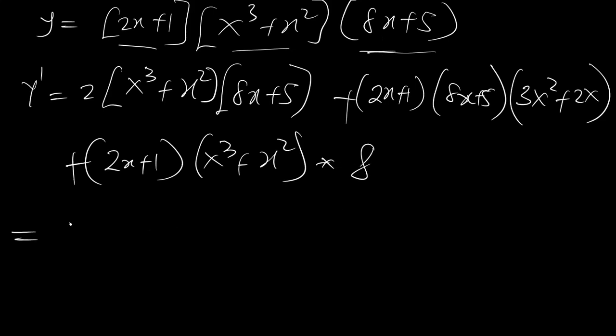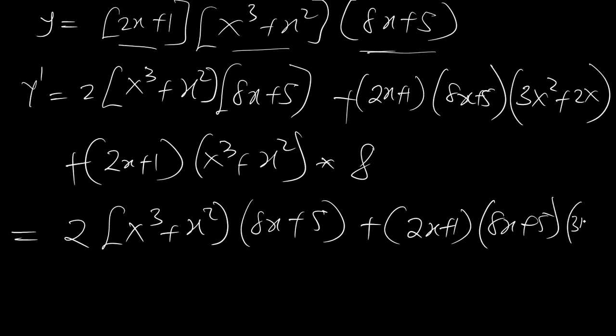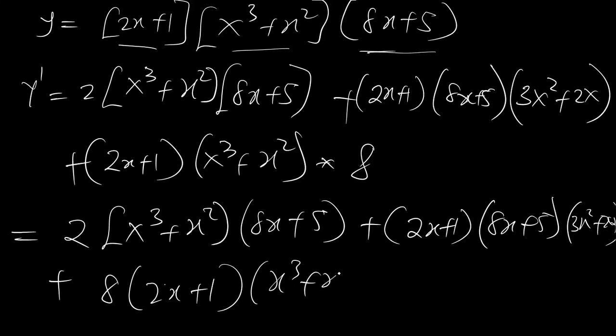So it will now be 2 times x cubed plus x squared times 8x plus 5, plus 2x plus 1 times 8x plus 5 times 3x squared plus 2x, plus 8 times 2x plus 1 times x cubed plus x squared. So this is the final answer for this.